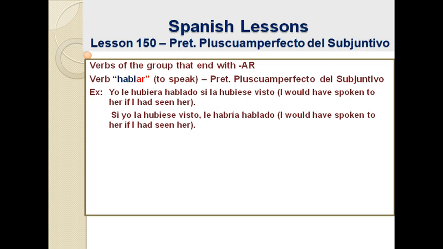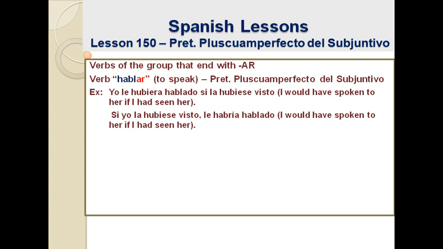Now look at this. This sentence is the same sentence we just saw, but we just inverted the order of both statements. Si yo la hubiese visto, le habría hablado. Here we put at the beginning the if part, and later we put what would happen if the condition is met.